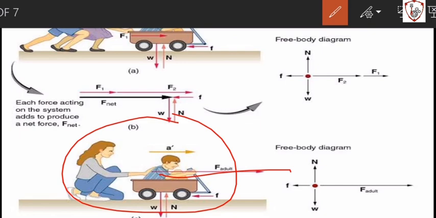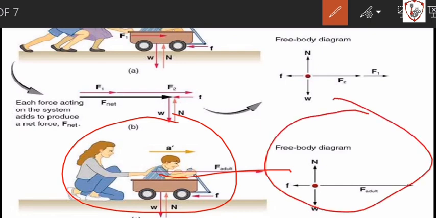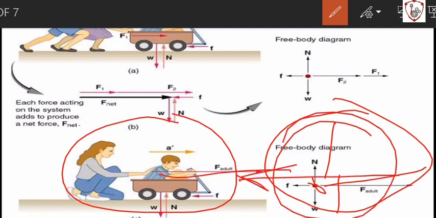If we directly reduce it to the free body diagram, it will look like this: a dot, the normal force, the force by the adult or the mother in this case, the weight of the cart and the boy together, W, in the downward direction, and the frictional force in the backward direction. This is how it becomes the free body diagram.